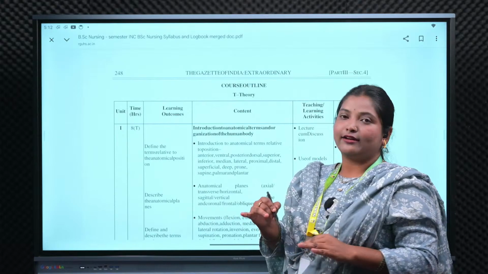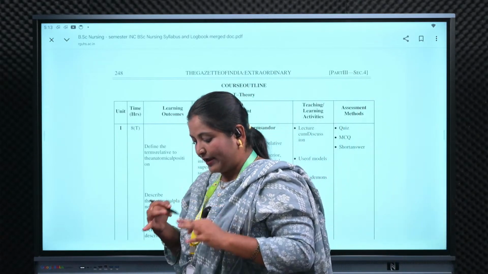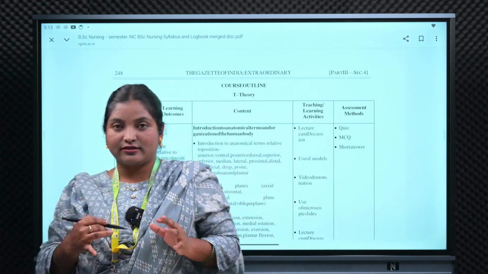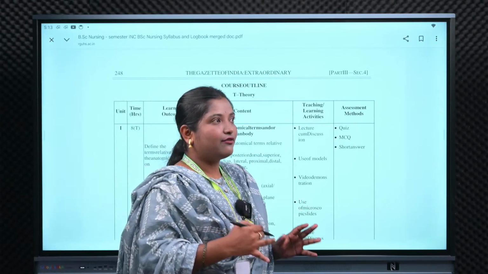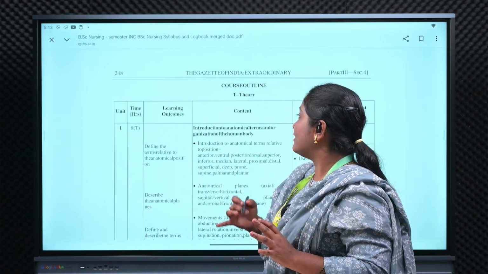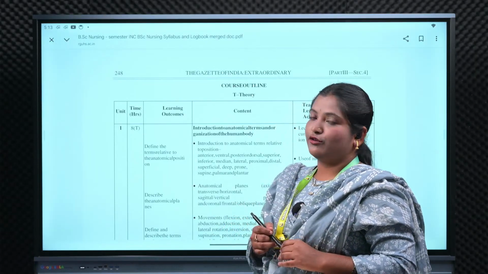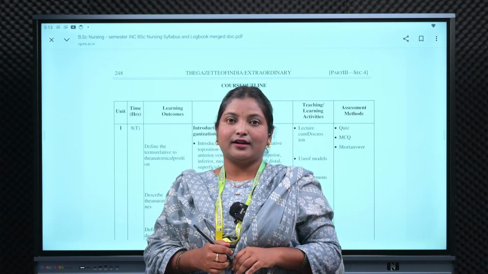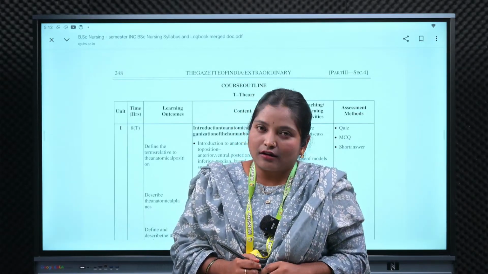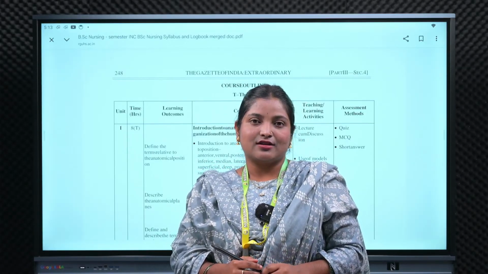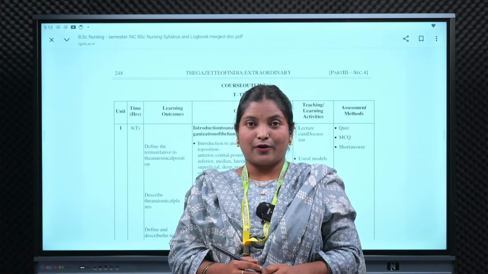Now, when it comes to applied anatomy, we have 10 units. Very first, we are going to deal with the introduction of anatomical terms and organization of the human body. Certain terminologies are very important.